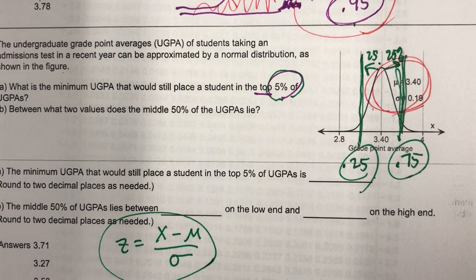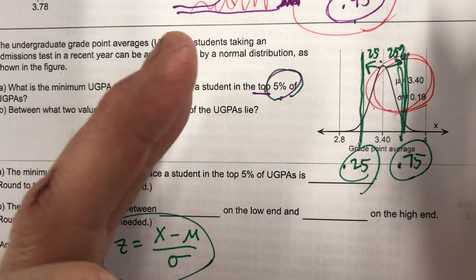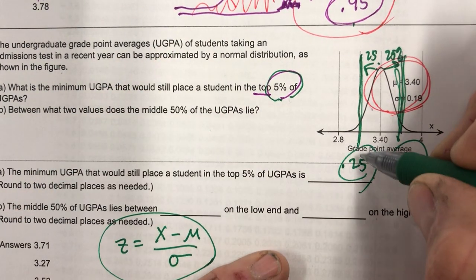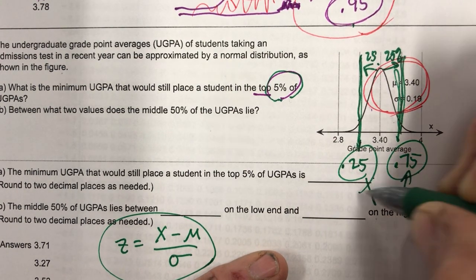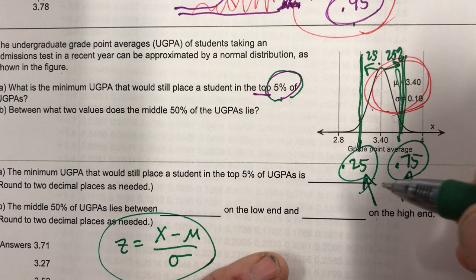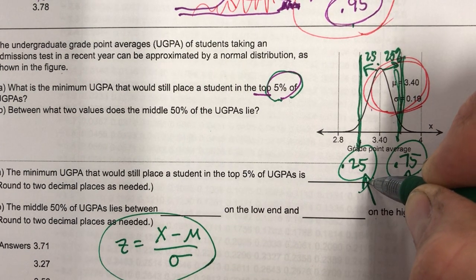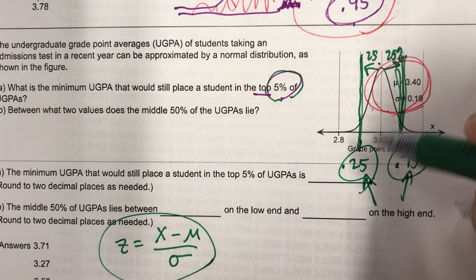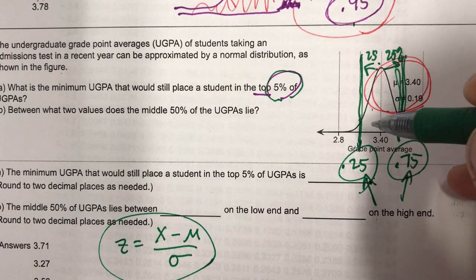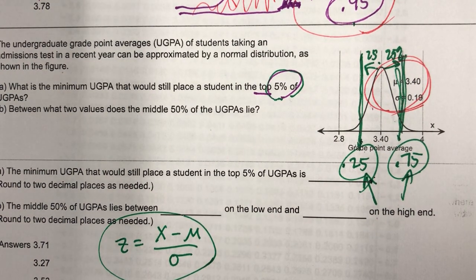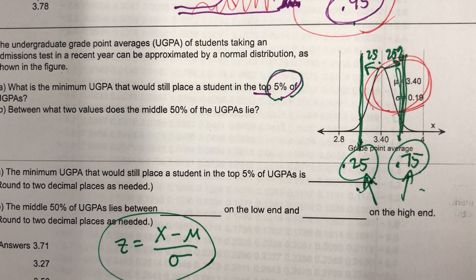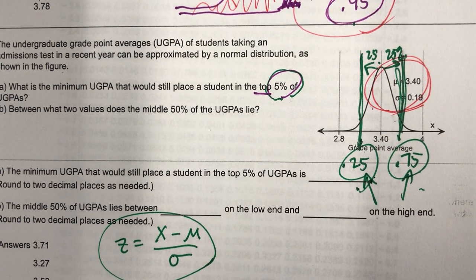So I just look these up. Now we're going to cheat, because when you're in the middle percent, these z-scores are just opposites of each other. So I'm going to look this one up, and that would just be the opposite. So 0.25.